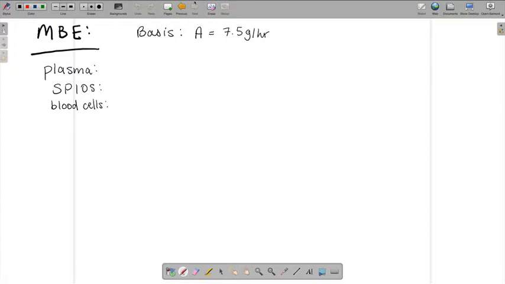So for our mass balance equations, we have 85% plasma, so that's 0.85 times A, which is 7.5 grams per hour. And that's our input, right?